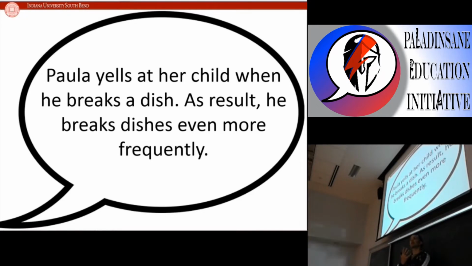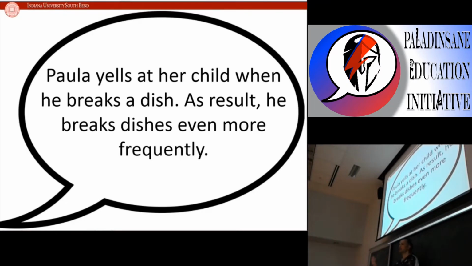So this is a great example of why you need to analyze all these components. Because a parent yelling at their child is typically meant to be punishing, right? It's meant as punishment. However, the dishes are being broken more frequently. So that indicates that it's actually reinforcement. So this is something to keep in mind when you're going through these situations.